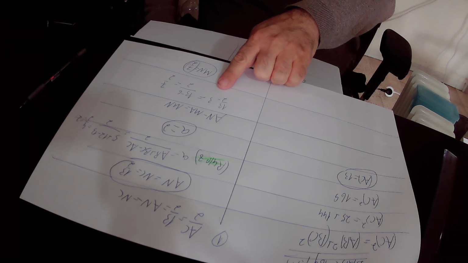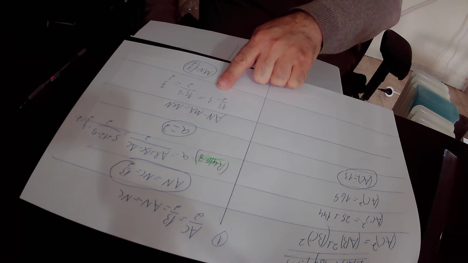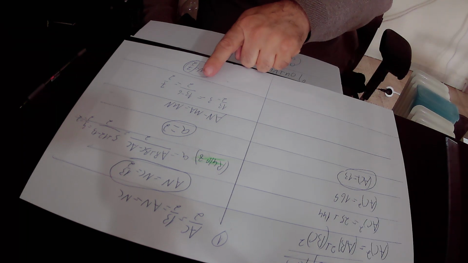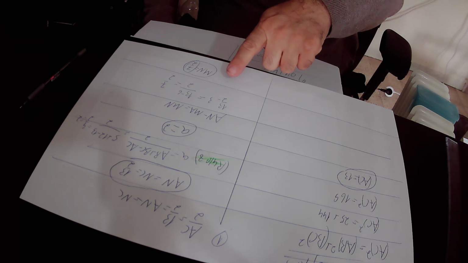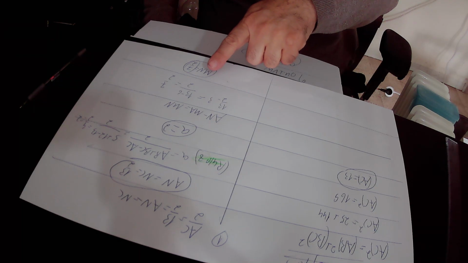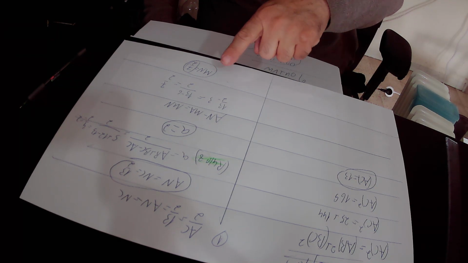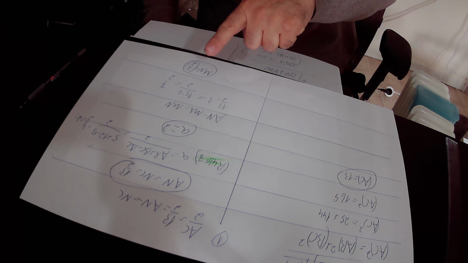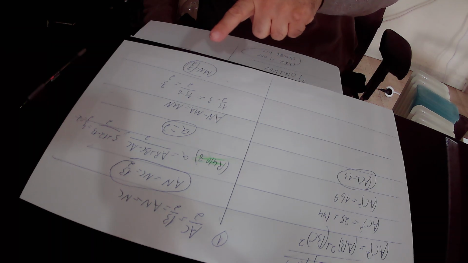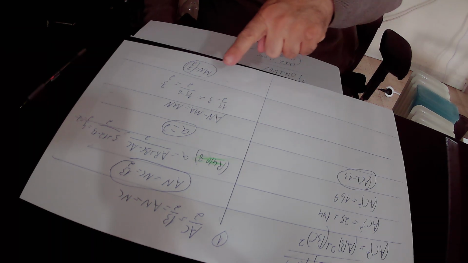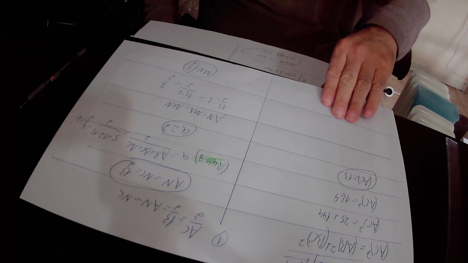So here we multiply 3 by 2 and then divide by 2 in order to get a common denominator with 13 over 2. And we find that 13 over 2 minus 3 times 2 over 2 is 13 minus 6 over 2. 13 minus 6 is 7 over 2. So in total MN equals 7 over 2.